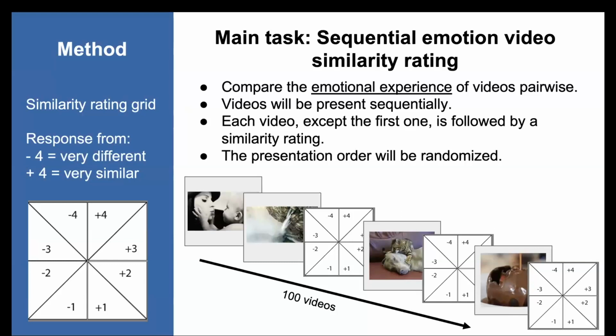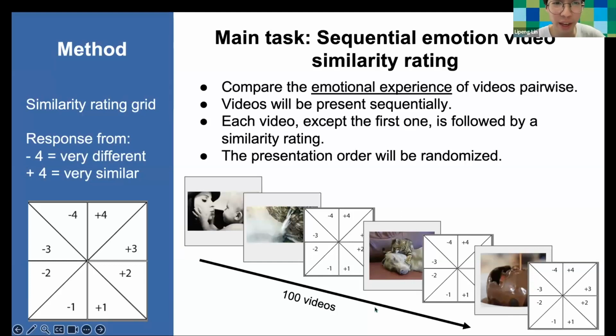So the question is, were there some combinations of the emotion videos that were particularly difficult to give a consistent similarity rating? That's probably what you're trying to say.